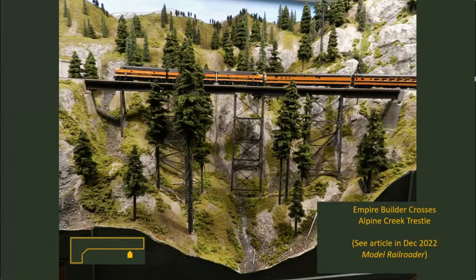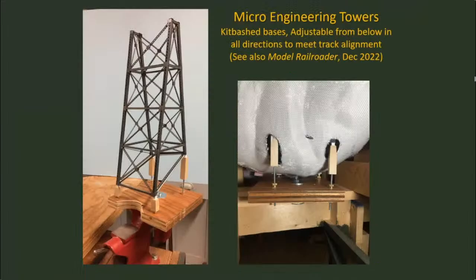And one of the things that I really liked was not having the landform built to the towers, but the towers built to the landform. So the bases of the towers are all uneven. This is realistic. This shows one of the towers in terms of just the Micro-Engineering basic 3 bays at the top, and then the kit bashed bay at the bottom to meet the ground level.